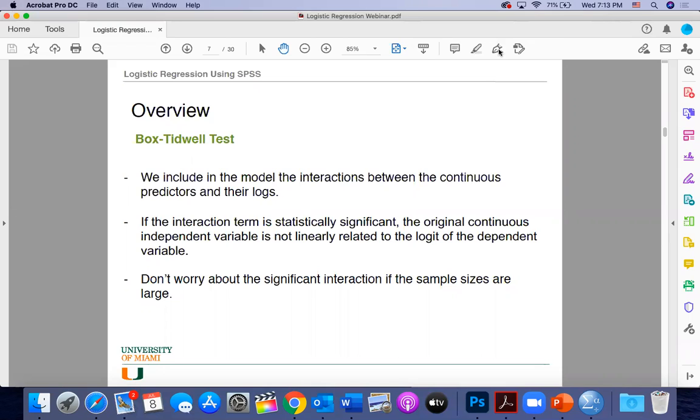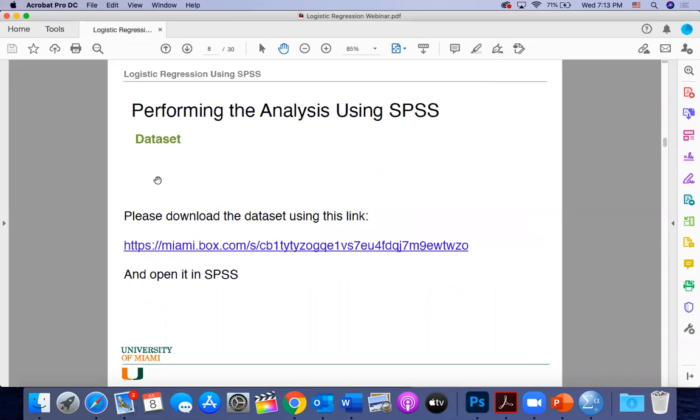Okay, so let's do the analysis then. I'm going to use a data set that you can find on this link. So please, I will give you about 5 minutes to download this data set and open it in SPSS.